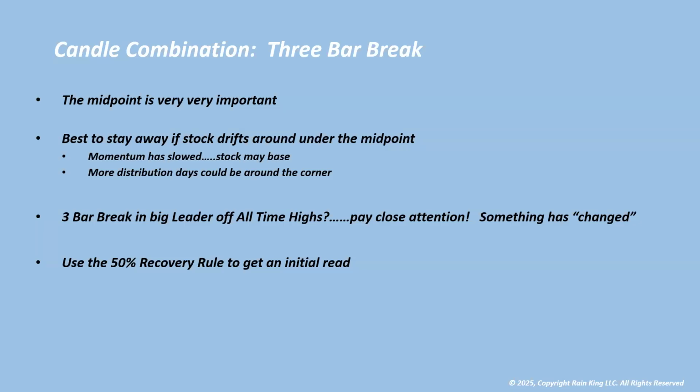If you have a big name that you've got a big gain in, and you get one of these situations where it's resisting that midpoint as it's coming back up, but you still want to hold, you can potentially use that midpoint to define a strike price on some options, so some puts. You can maybe offset the pain a little bit that way. That's up to each speculator. I'm working on ways to use that on the 3-bar breaks to the downside and upside using options.